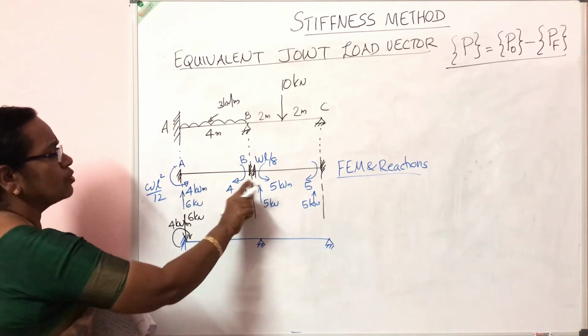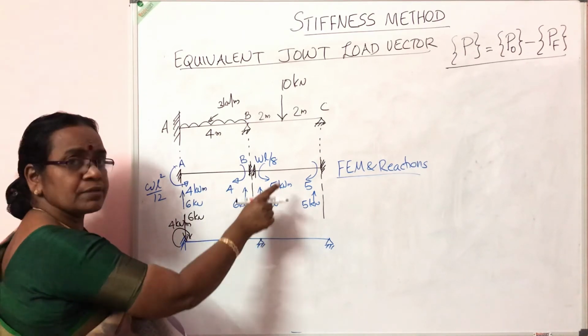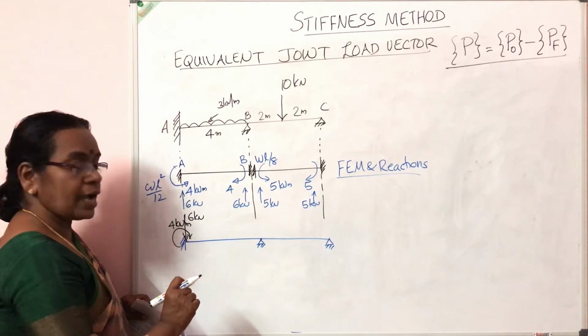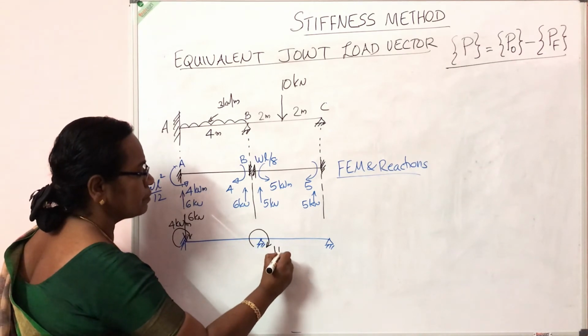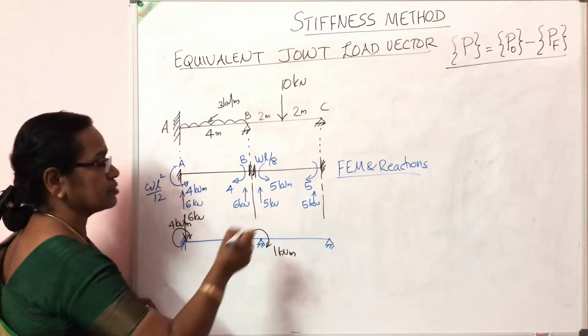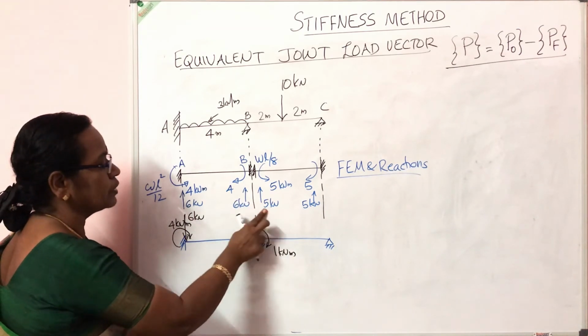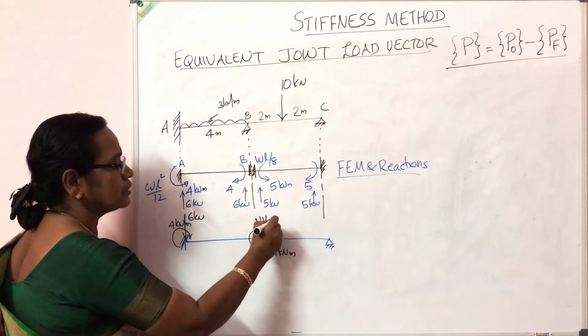In this joint, take the algebraic sum. 4 is clockwise, 5 is anti-clockwise, so the net moment at that point is 1 kN meter anti-clockwise. So you apply 1 kN meter clockwise. Just reverse it. Here 6 plus 5, 11 kN is acting upwards. You apply 11 kN downwards.